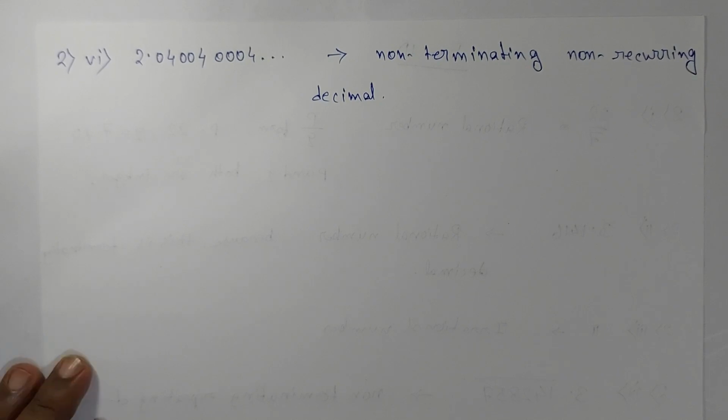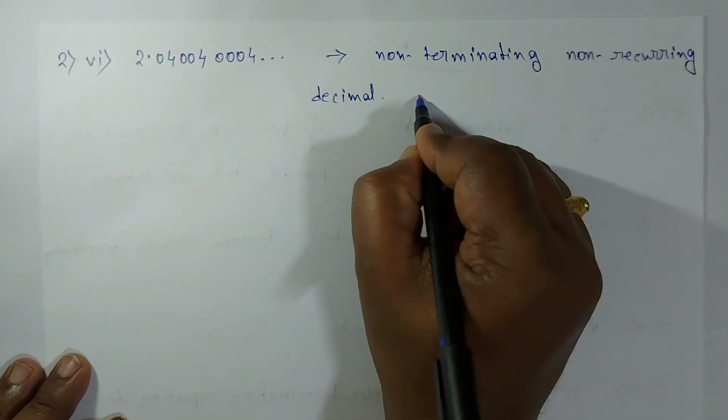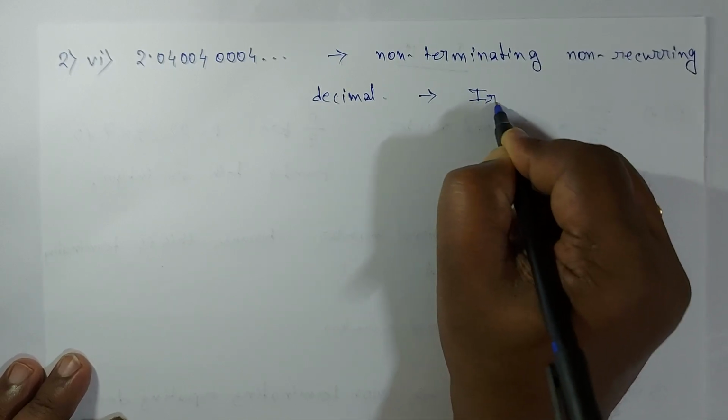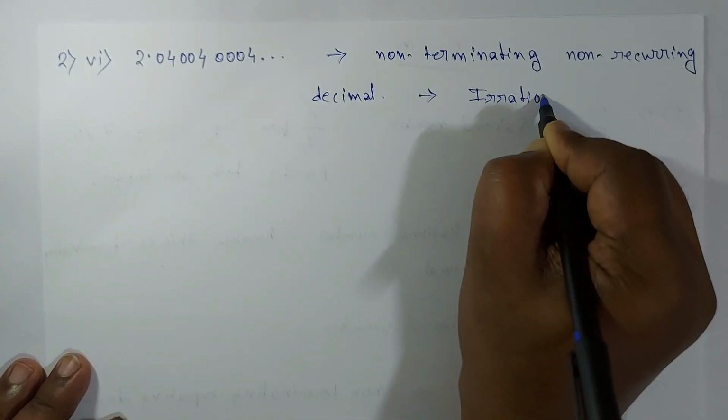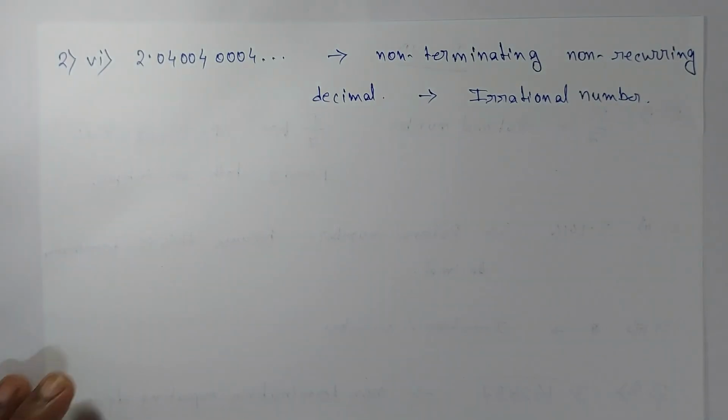Now we know that every non-terminating non-recurring decimal is an irrational number. So this is an irrational number.